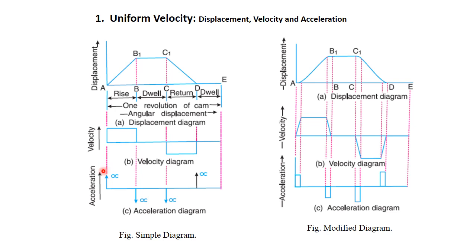Now, when the rate of change of acceleration is infinity, if we take another diagram for jerk, we will find that at point A, B, C and D the system will experience a jerk, and this jerk will give a noisy motion, and it will deteriorate the life of the cam, follower, bearings, shaft, everything.